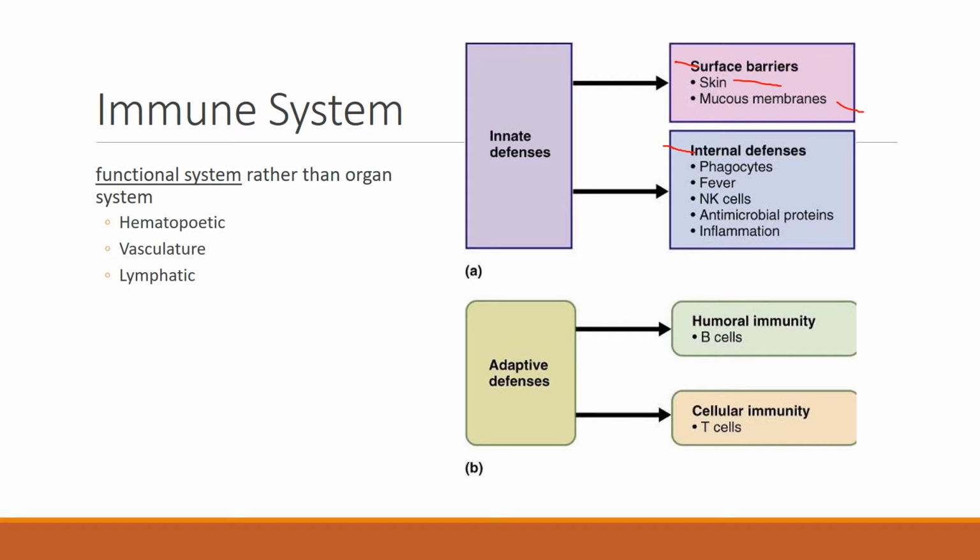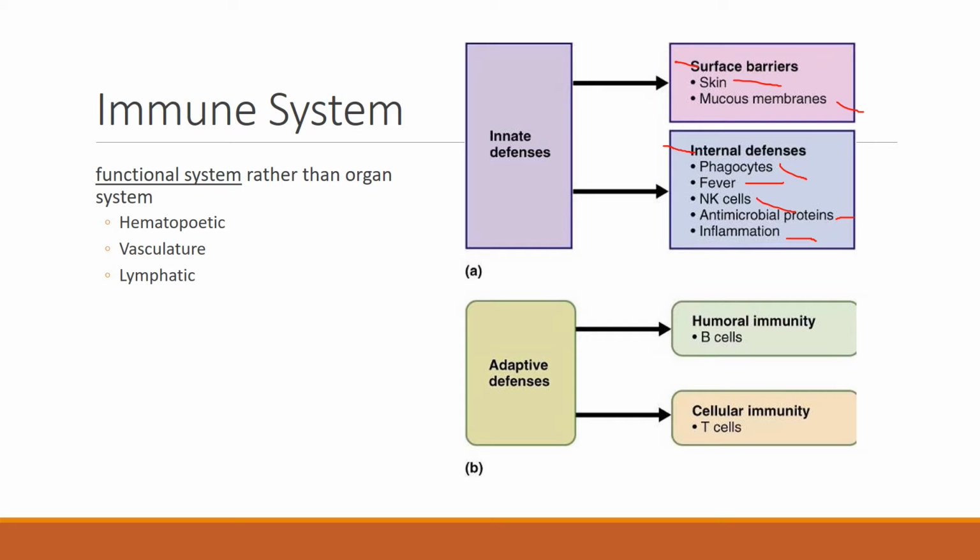We also have specialized cells such as phagocytes and natural killer cells that help get rid of unwanted materials in our body. We also have responses like fever, which is important in combating foreign molecules. We also have antimicrobial proteins that we're born with, and inflammation, which is an important response for homeostasis.